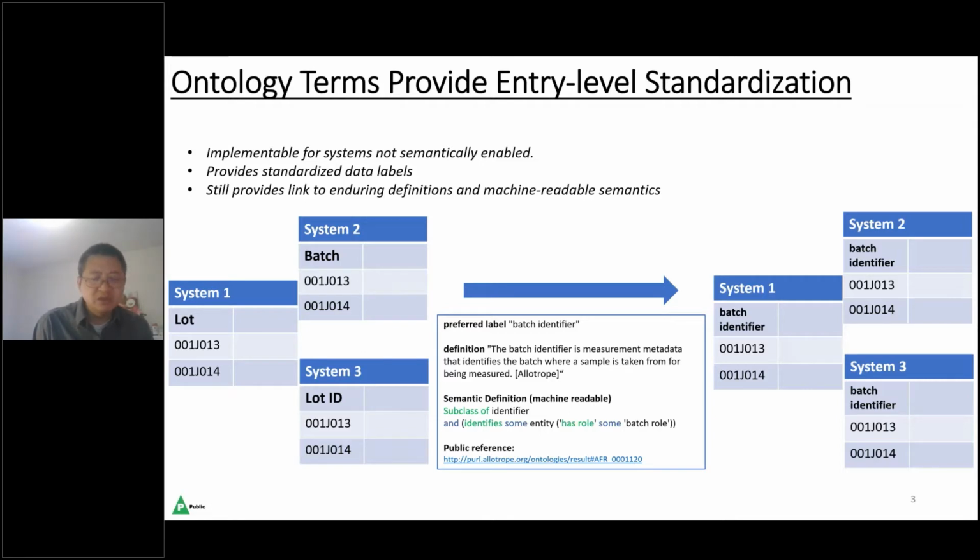The major thing is we need to have a text definition, which is more for humans, and then a semantic definition, which is really for machines to understand. So here we can have a semantic definition: it's an identifier, and then it has some role for the batch, and then the computer can understand, and then we can do more machine learning and data mining.